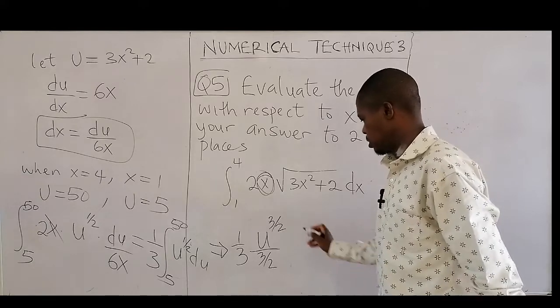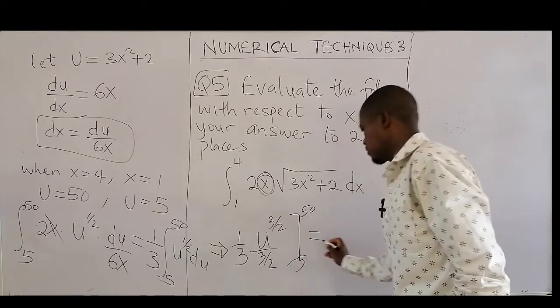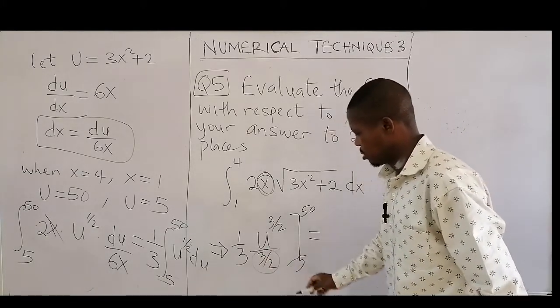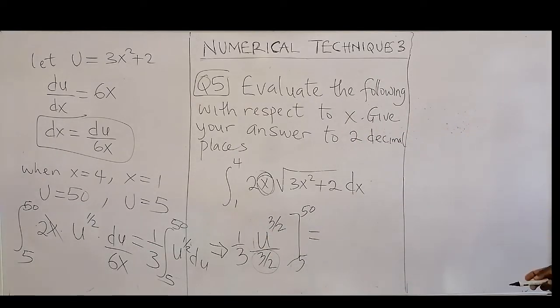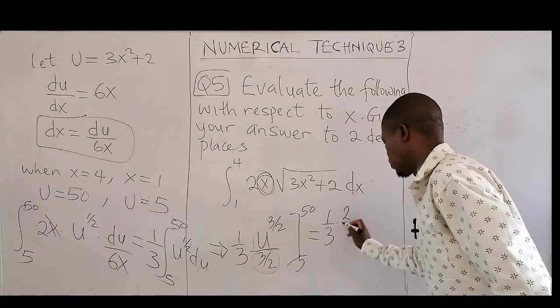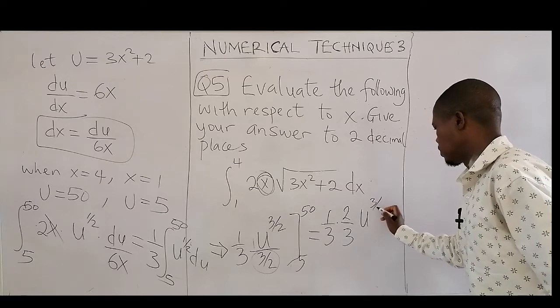Then your upper boundary 50, and then 5. And don't forget, this fraction at the denominator, there's an invisible 1 here. So it will flip upside down, and that's 1 over 3 times 2 over 3, u to the 3 over 2.